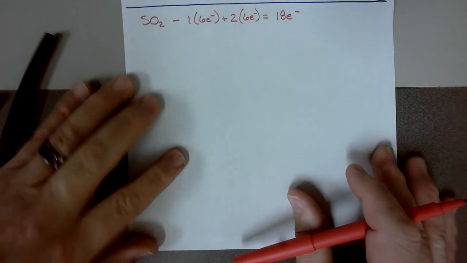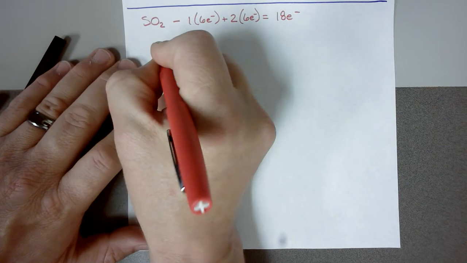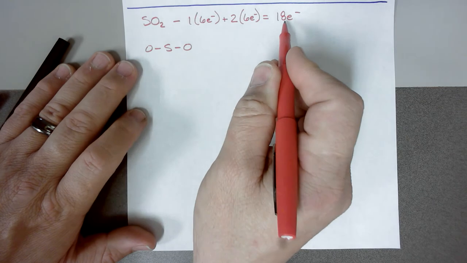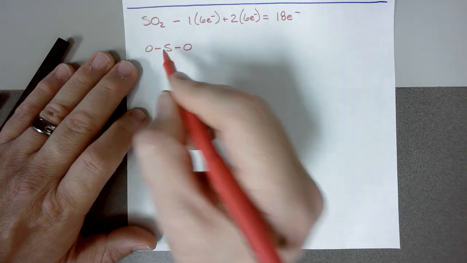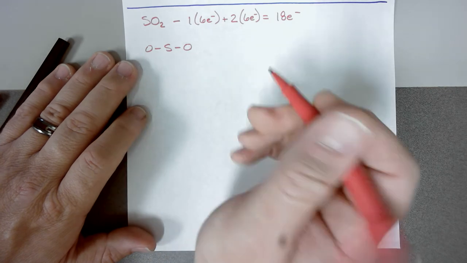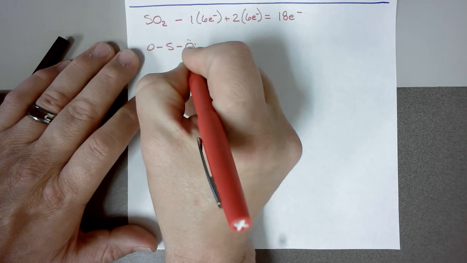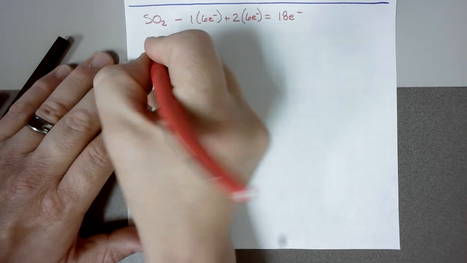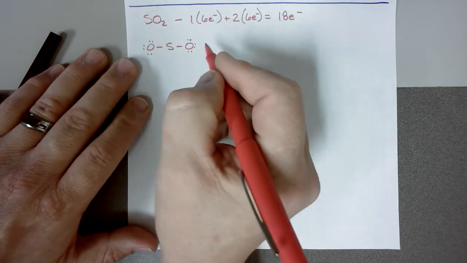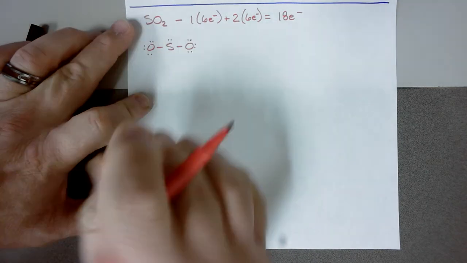I'm going to do my skeletal structure where we have sulfur in the center, oxygen, oxygen. I've used 2, 4 of the 18, so I'm going to start placing electrons on the outer elements, starting with the most electronegative, but they're both oxygen, so it's the same. So I've got 2, 4, 6, 8, 10, 12, 14, 16, and so those oxygens have octets, so the other 2 we go back to the center and put them there.